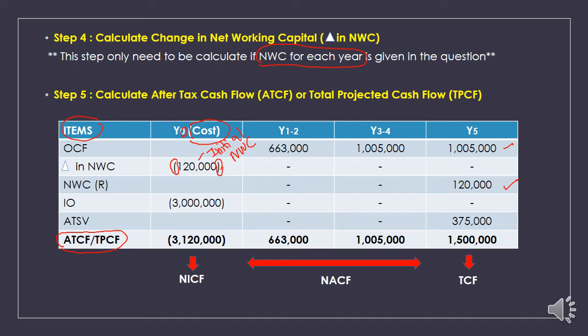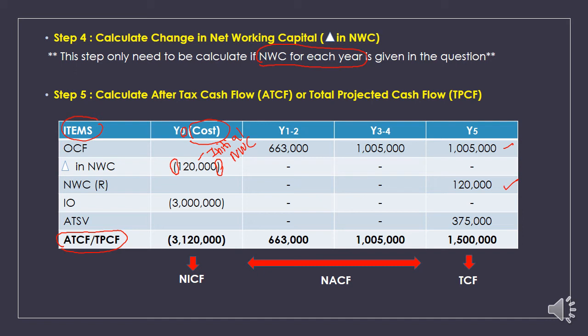Then continue with item number 4, which is regarding IO. Under IO, you need to include the initial cost of the project. Based on the information in the question, the cost of the project is 3 million.